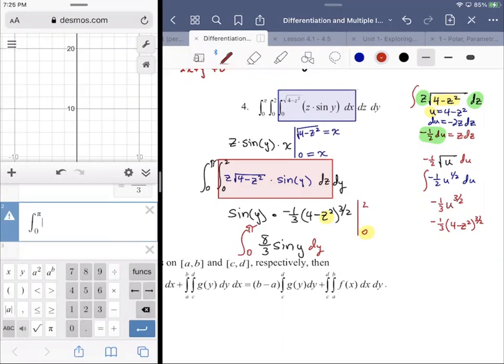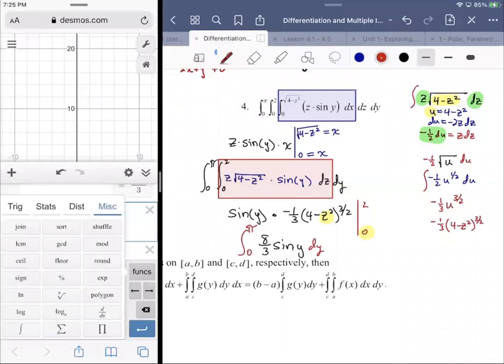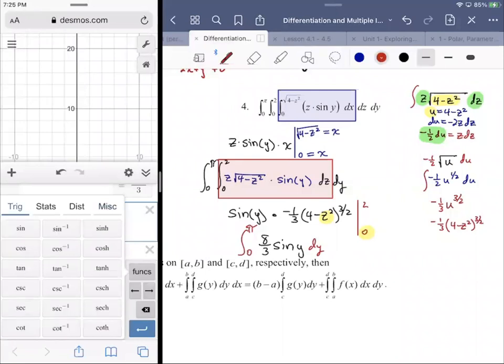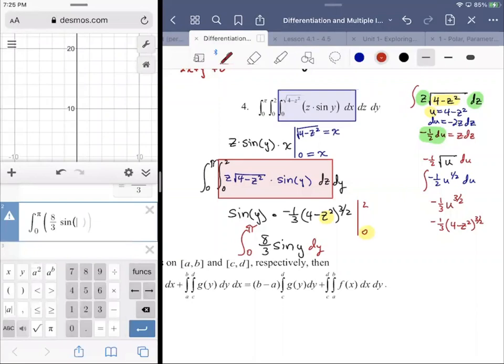Remember, learning 8/3 sine. If I remember correctly, it understands the different variables as long as you put the appropriate d whatever. So you could put the y here, but I'm kind of nervous.